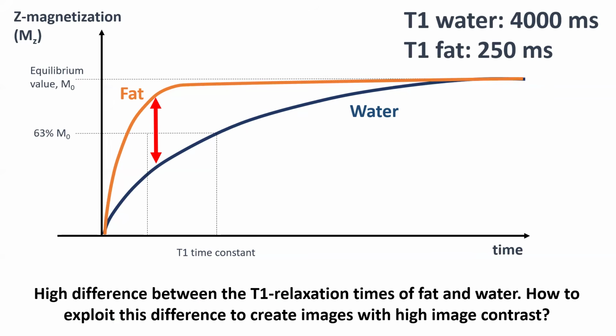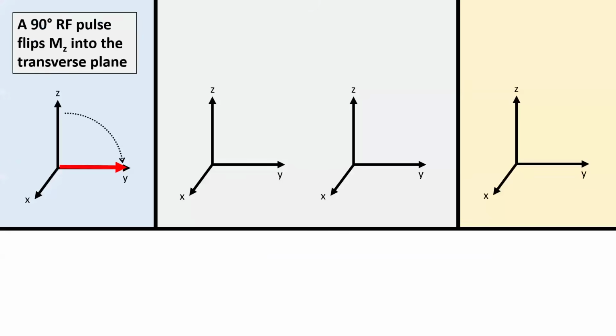So how do we do that? I already explained it a little bit, but let's illustrate it with figures to make it more clear. This is a 90-degree radiofrequency pulse. It flips the body magnetization in the transverse plane. And of course, tissues have different magnetic properties.